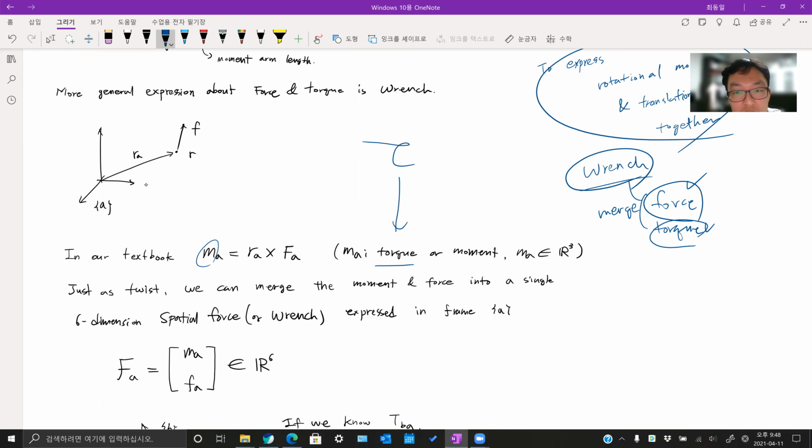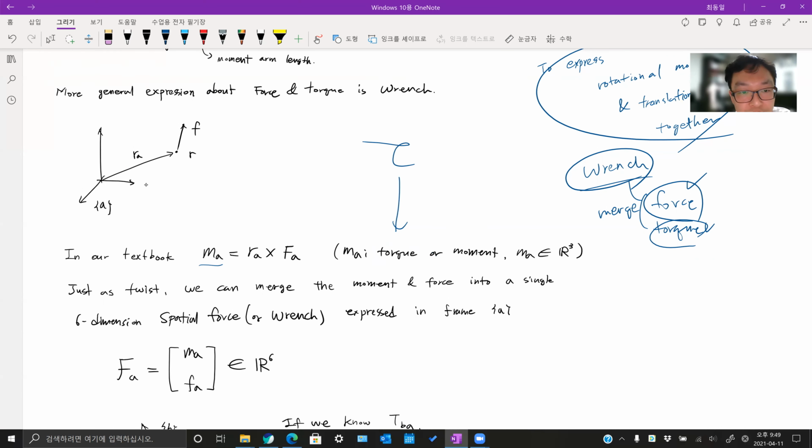Maybe it is related to the moment, so for the moment they use m. So this one has the same meaning as torque or moment.